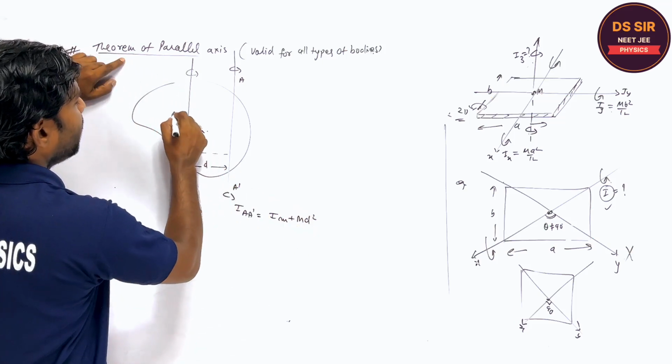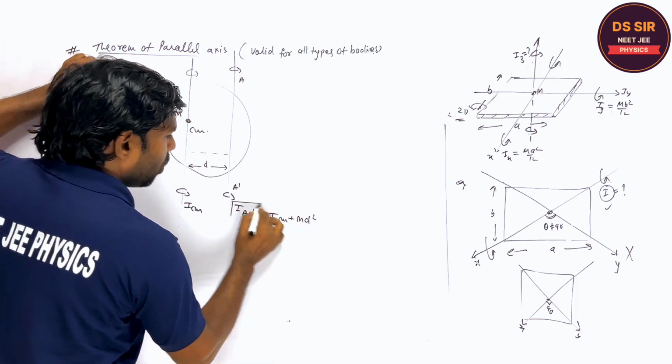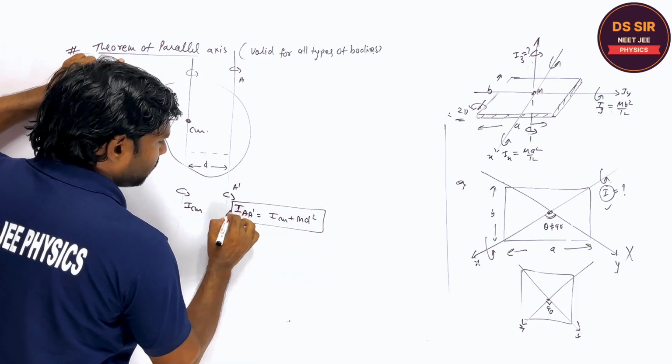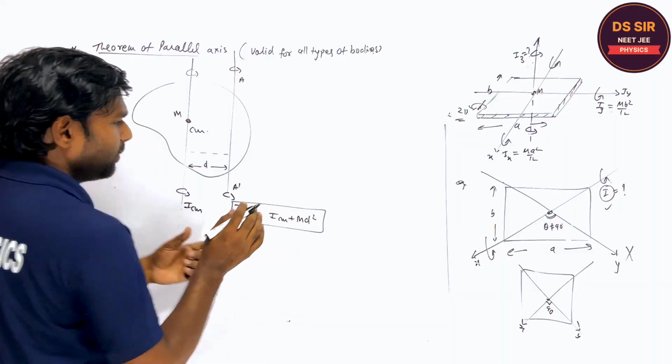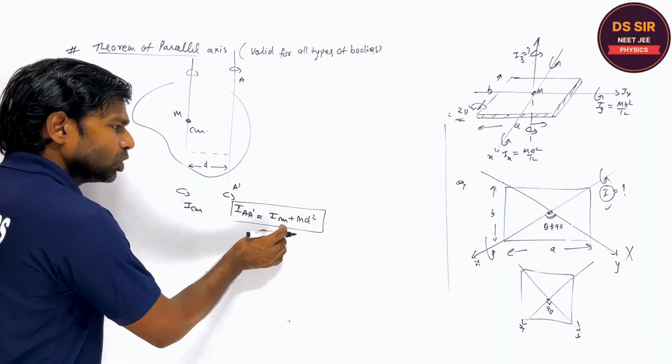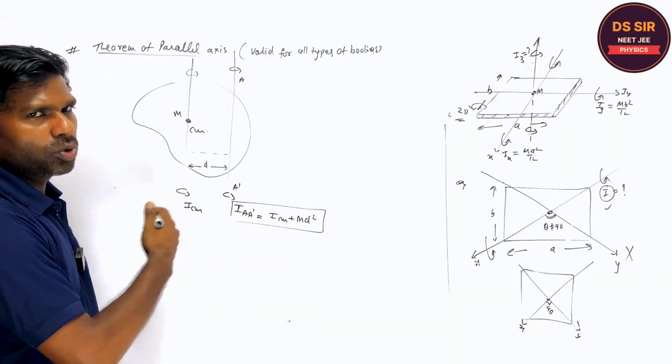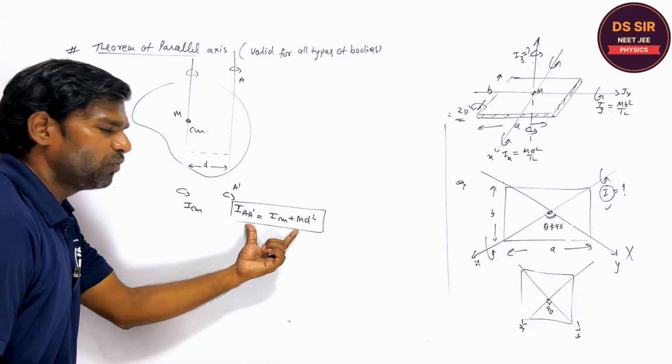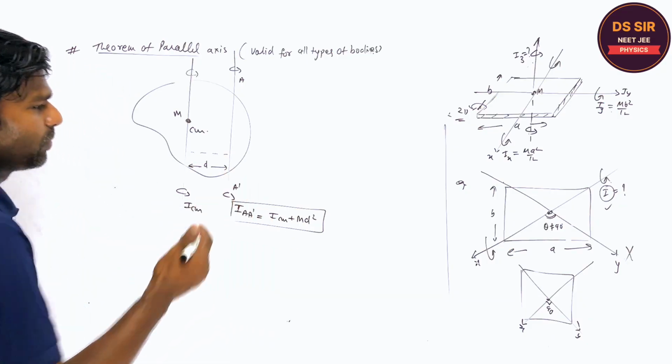What is m? M is the mass of the body. Although there is a derivation of this, right now I'm telling you only the theorem, and with the help of this theorem we can solve this question. Proof we will do later. Please copy this.